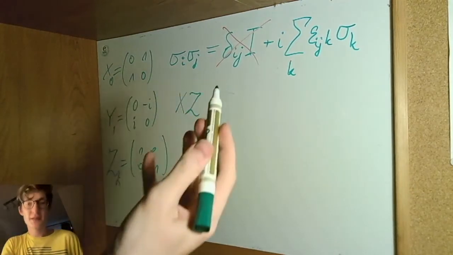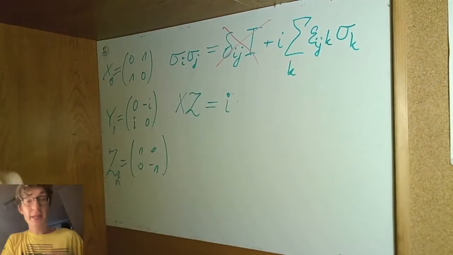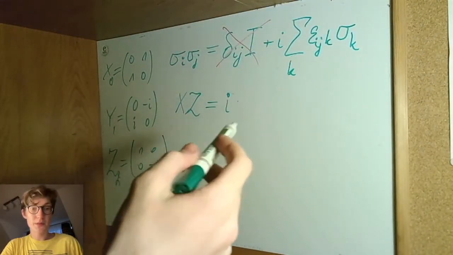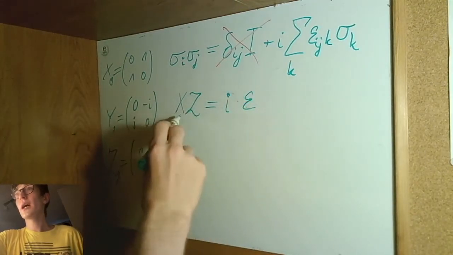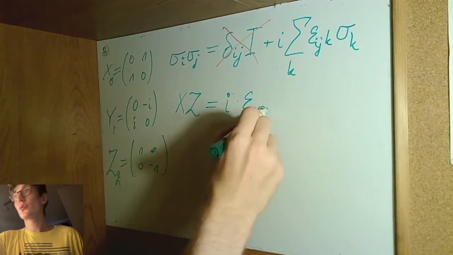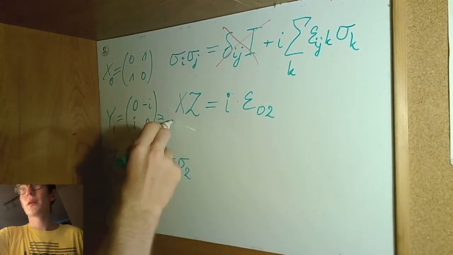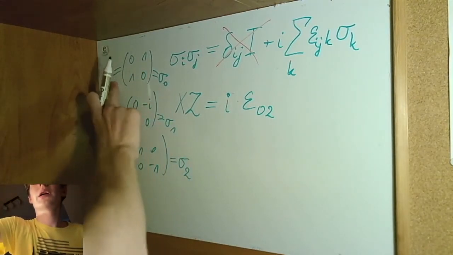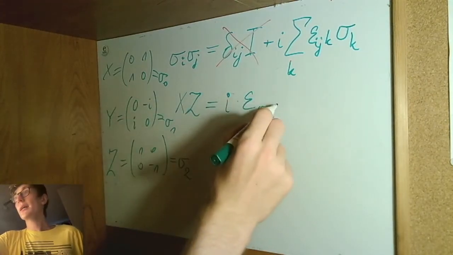So now we can compute XZ, for example. It's i times, and again, only one case isn't 0 for this Levi-Civita symbol. Now it's 0 and 2. Maybe I will write it, because it should be written this way, and then we don't have these indices here. So it's 0, 2, and 1.